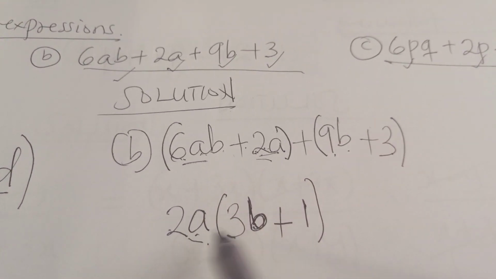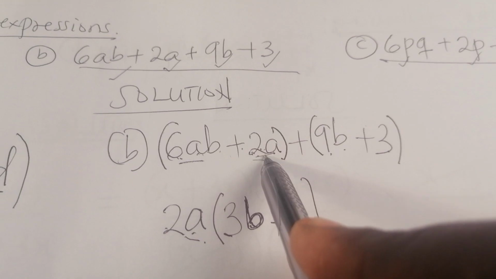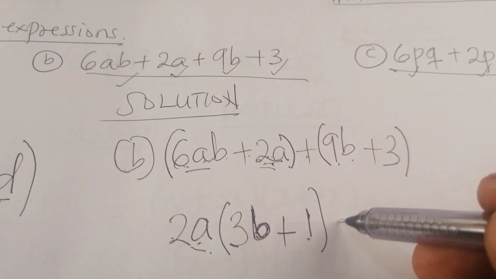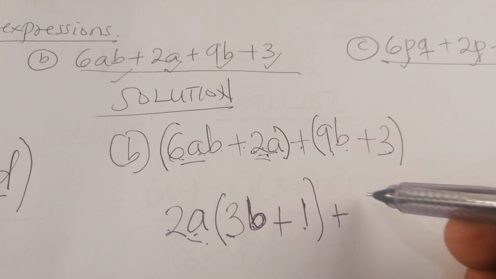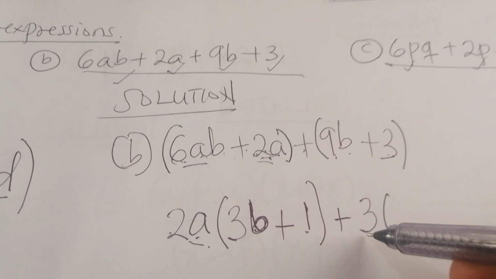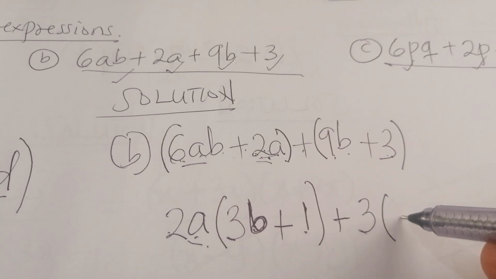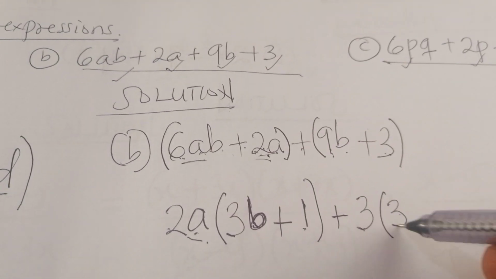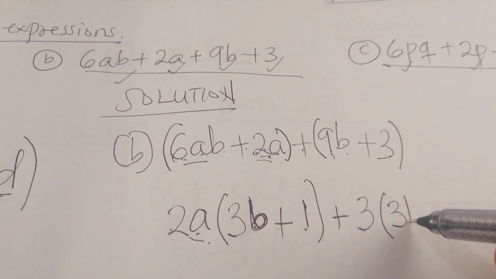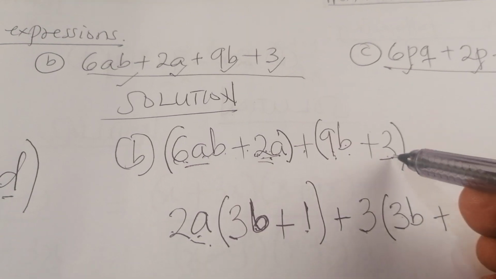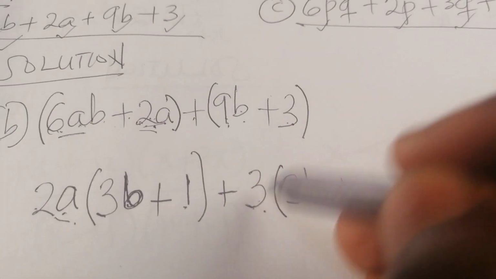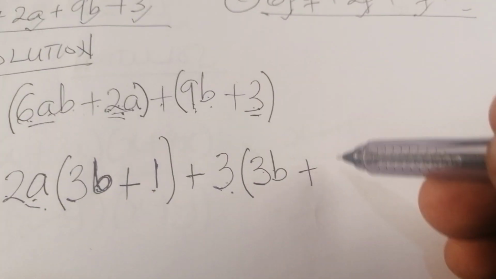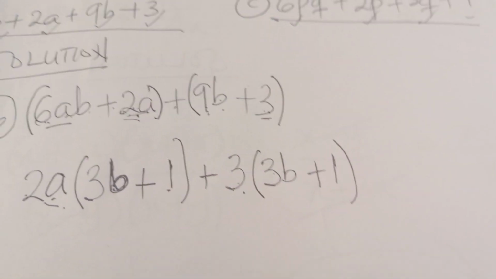So that when we multiply 2A by 1, we will still get 2A. Now we have plus 3 and 9. 3 is the common factor of 9, so 3 can come out. If 3 is out, 3 times what number gives us 9? 3. And we have our B plus 3 is here, 3 is already outside. So what factor can multiply 3 to still give you 3? The answer is 1.